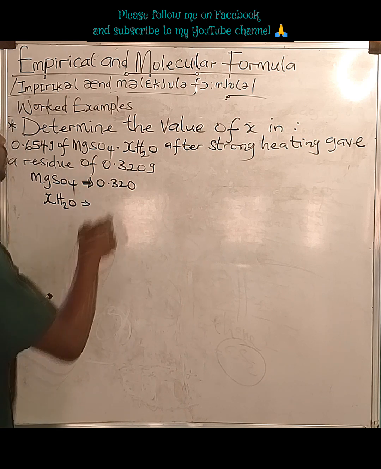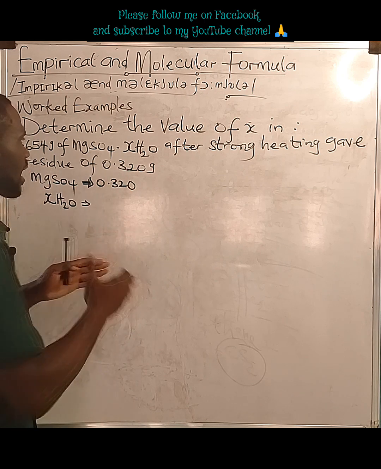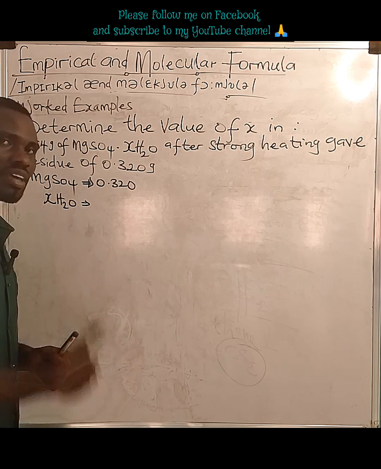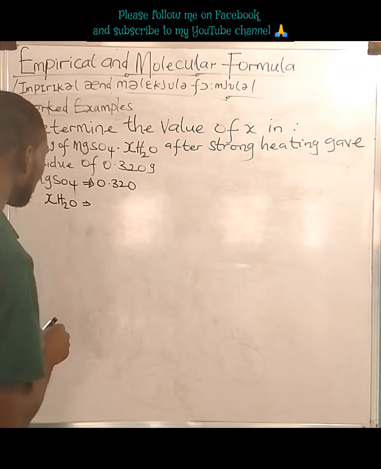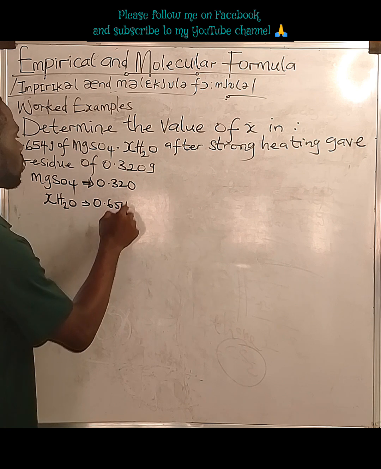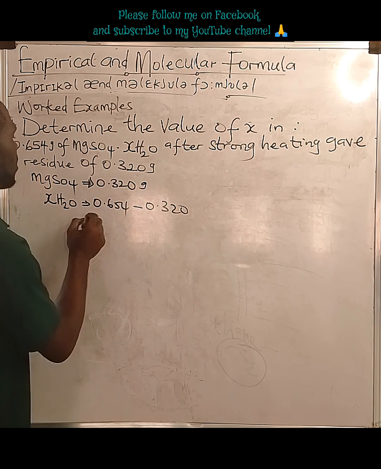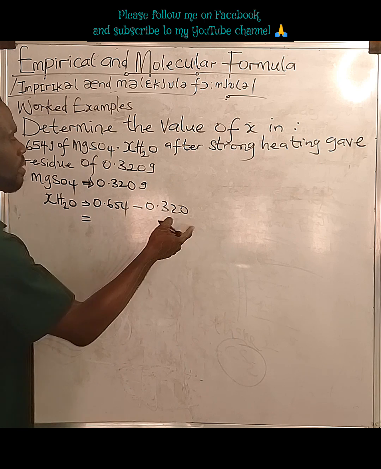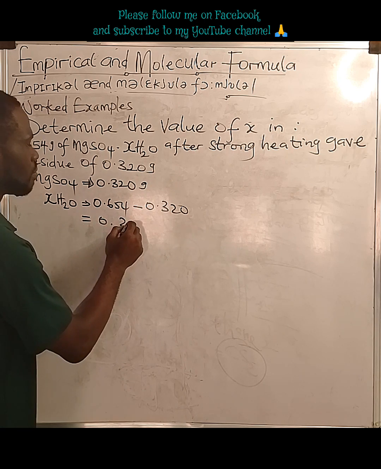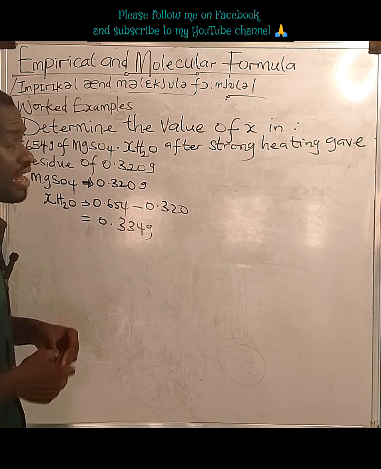After it was heated, we got 0.320 as anhydrous, that's the dry magnesium sulfate. So what's going to be the mass of the water of crystallization that was heated off? That's going to be 0.654 minus 0.320 gram. That will give us 0.334 gram of the water of crystallization.